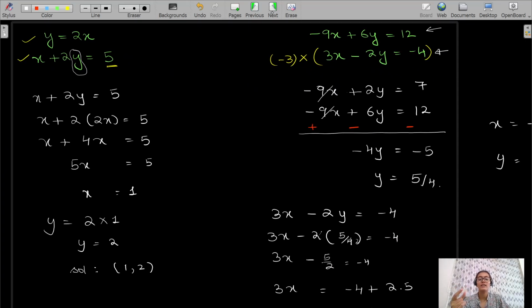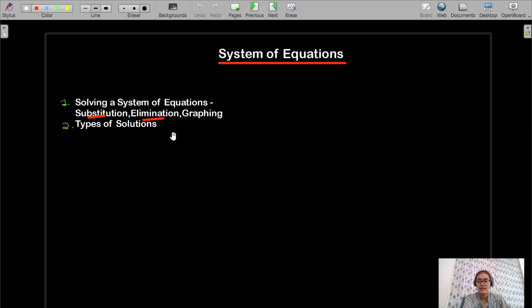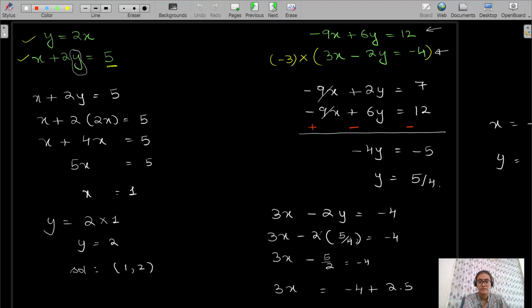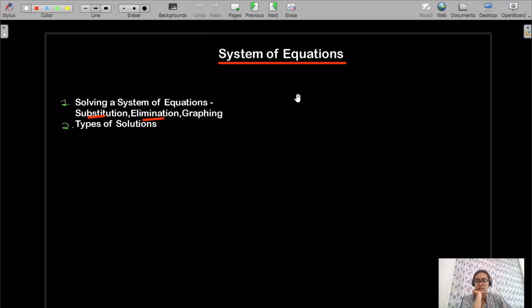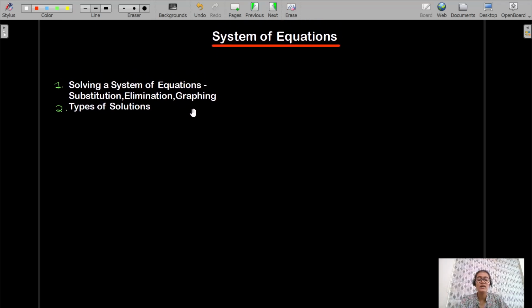Now another thing is, as I said, types of solutions. First let's discuss types of solutions. A system of equations can have 3 types of solutions. I'm going to draw, as you know, the graph of a linear equation is a straight line.